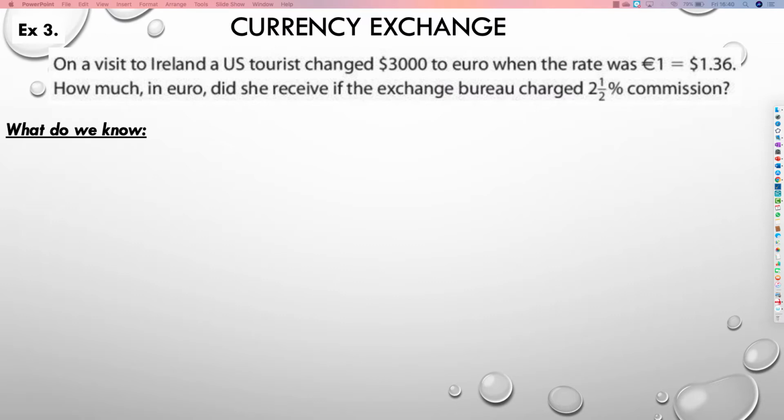How do you get on with the following question? On a visit to Ireland, a US tourist changed $3,000 to euro when the rate was €1 is to $1.36. How much in euro did she receive? She got charged 2.5% commission. What do you reckon we do here?